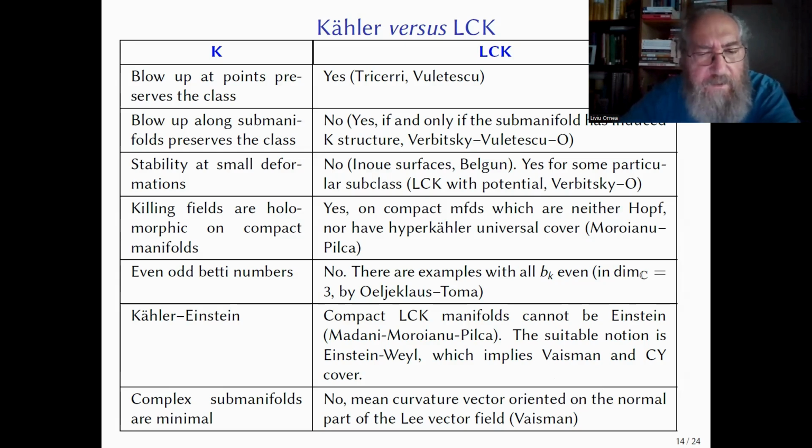The fact that complex submanifolds are not minimal automatically opens place for discussing Harvey-Lawson type theories in LCK, which is for the moment not discussed.